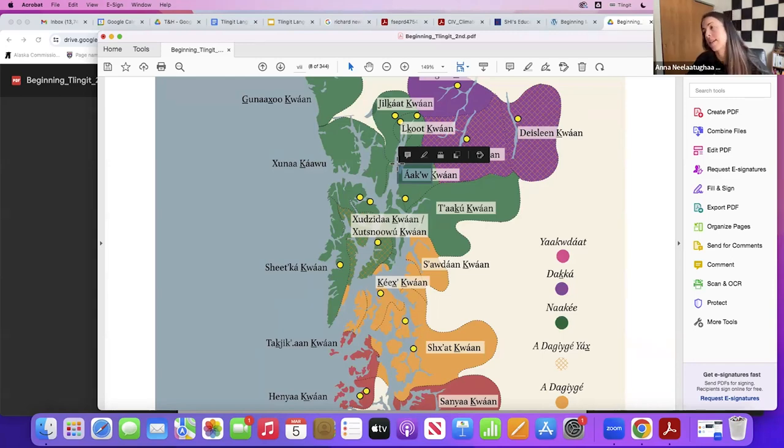Yes, exactly. So Akwan just means the people of Ak, and Ak means little lake, which is that little lake over there. That's anglicized to Ak Lake, but it means little lake. If you live in that area, that's Ak.